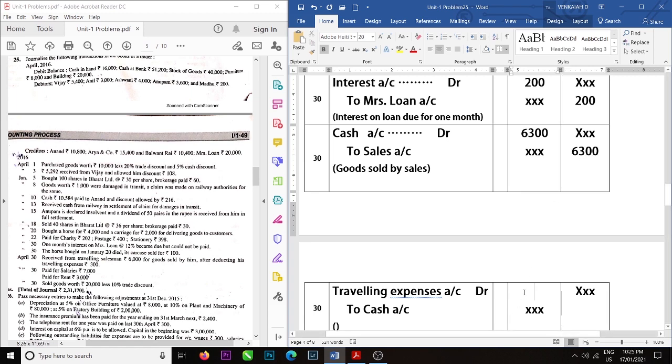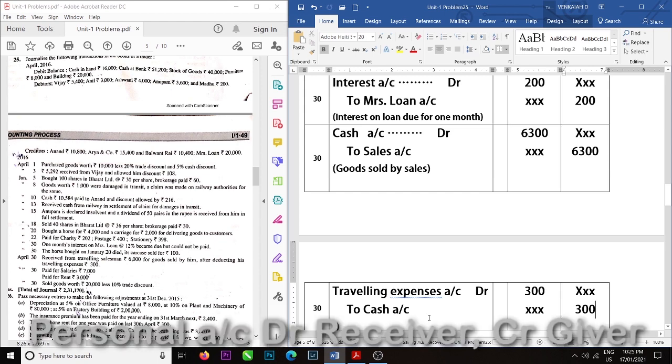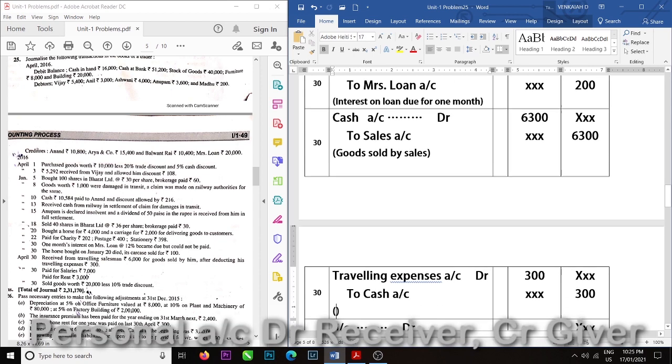He gave only 6,000 to us. So he deducted 300 rupees as traveling expenses. Traveling expenses paid.